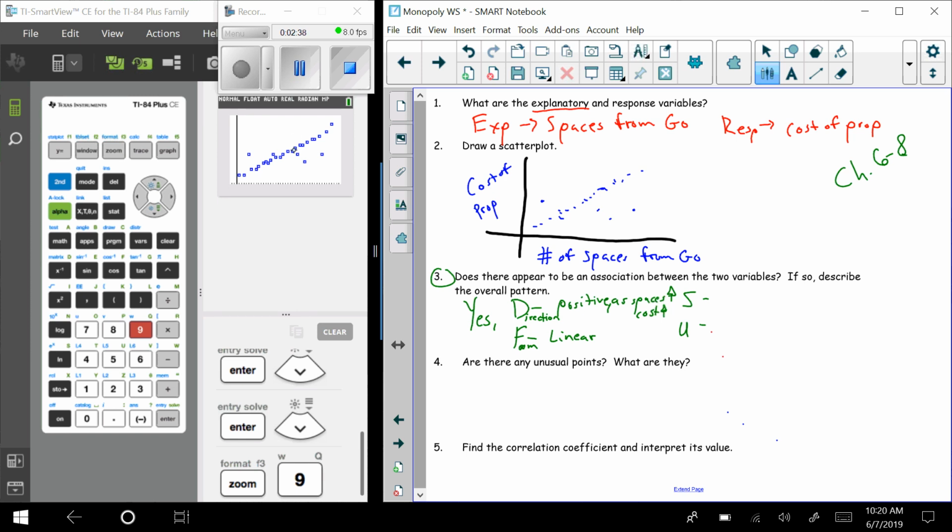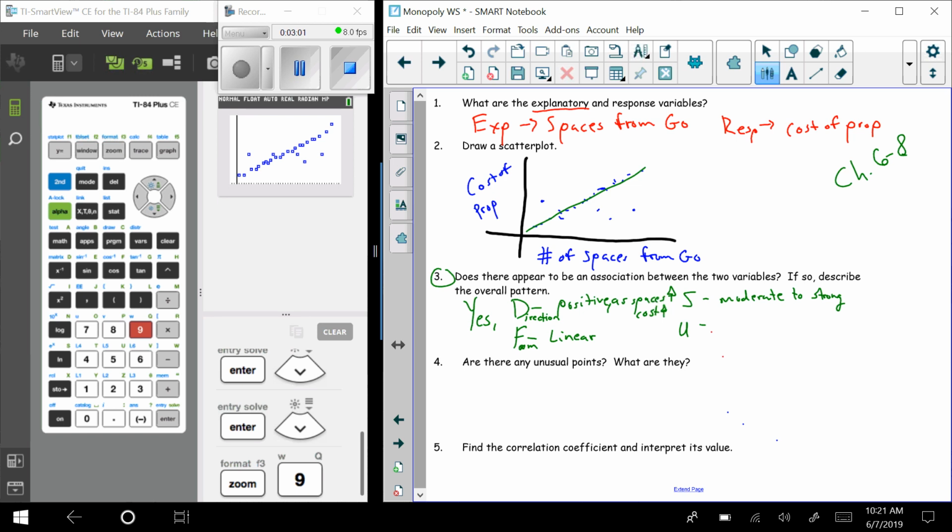But for right now, these points are pretty closely stacked on my line. If I were to draw a line here, it looks like most of the points are close to it. So I'd probably say that this one is moderate to strong.